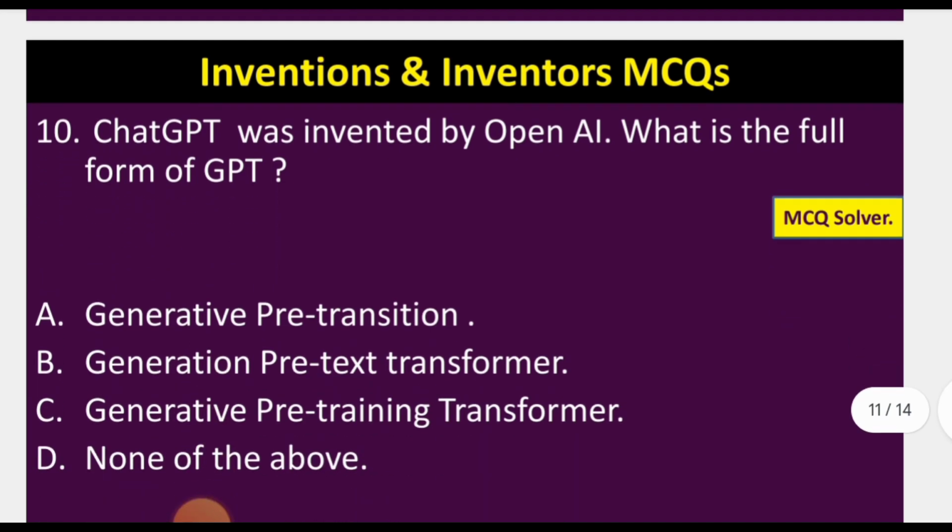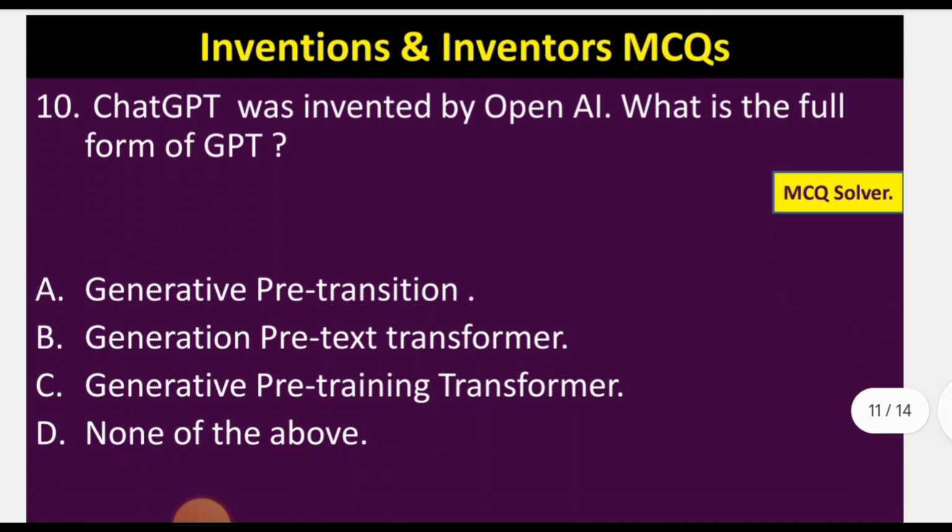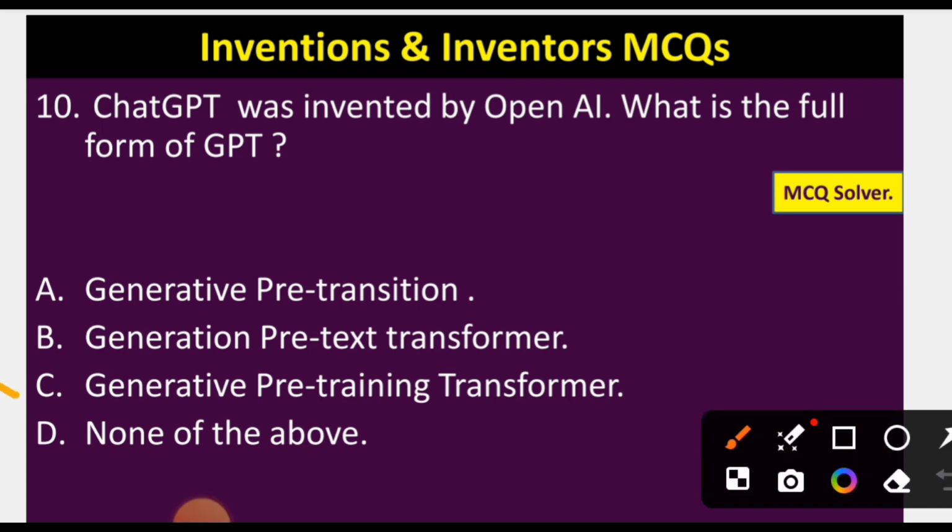Now let's move to question number 10, and this question is related to the SSC MTS exam. ChatGPT was invented by OpenAI. What is the full form of GPT? The correct option will be option C, that is generative pre-training transformer.